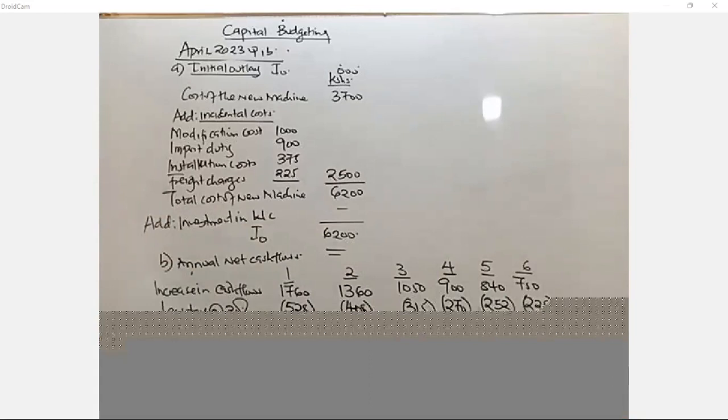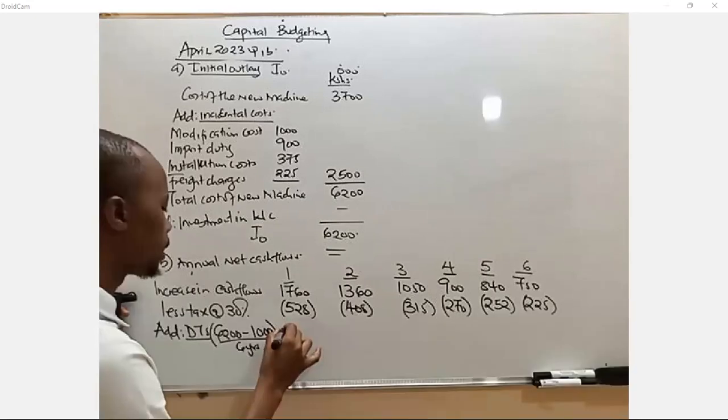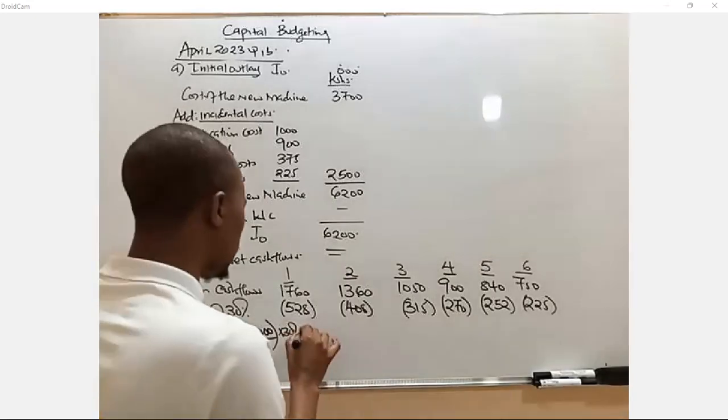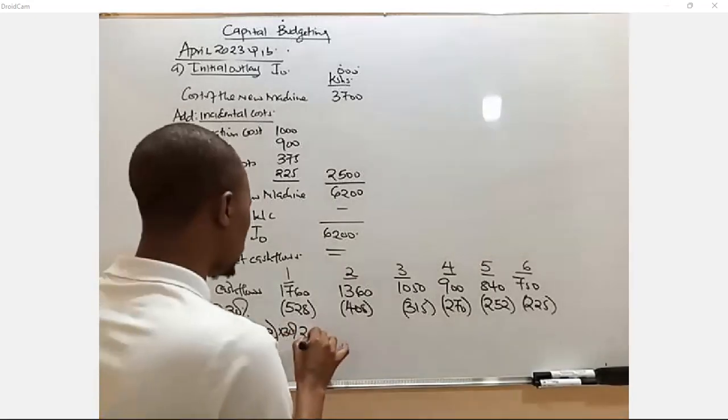Then you are going to be getting the depreciation per year, times 30%. So 5,200 divided by 6 times 0.3, we are getting 260. So we add 260 here throughout: 260, 260, 260, 260, and here we have 260.